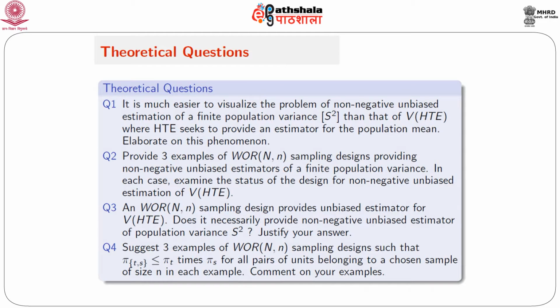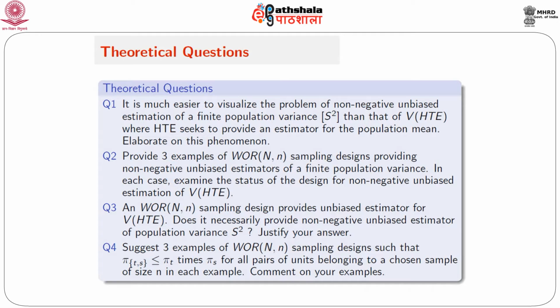If you know that one without replacement sampling design provides an unbiased estimator of the variance of the Horvitz-Thompson estimator, immediately you know all pi ij's are positive, because variance involves the square term as well as the quadratic cross product term, and for the cross product term you need pi ij positive. So that is implied immediately in the first part of the question.